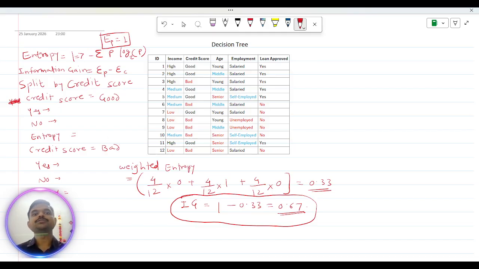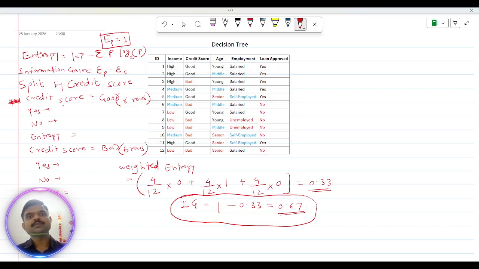So, how many credit scores are good? One, two, three, four, five, six. So six rows are there, and for bad, one, two, three, four, five, six rows are there.